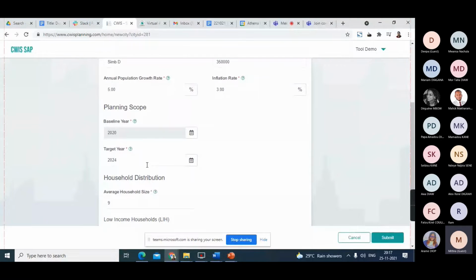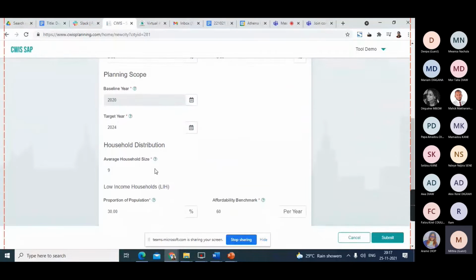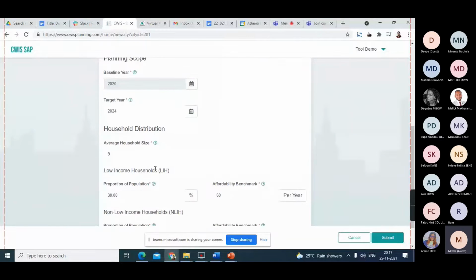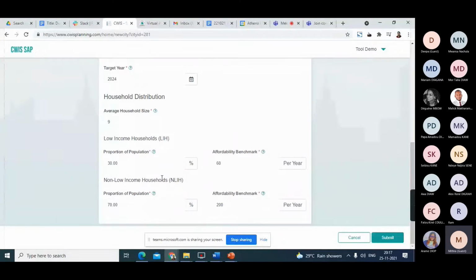The target year can be any year within the 10-year projection period. So you can define the baseline year and the target year. We also describe the average household size. Here we fill in the proportion of the population that are in the low-income households and the non-low-income households.